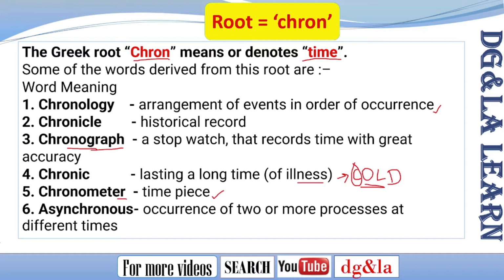Something for which two or more processes occur at different times, which is not in sync, is simply asynchronous. So this is also one of the words that came from the chron root, which is Greek and basically defines time.